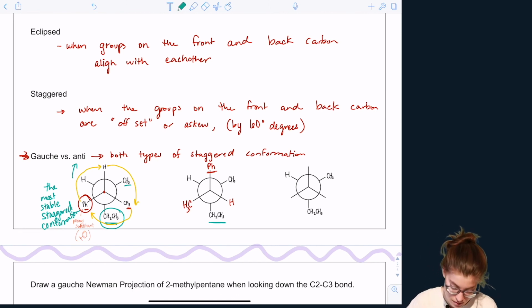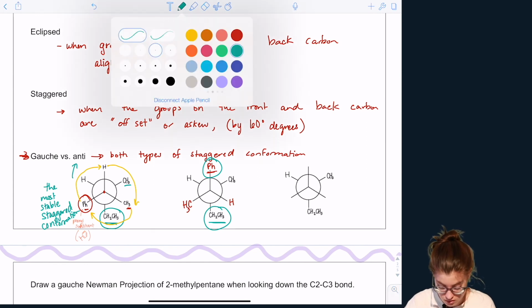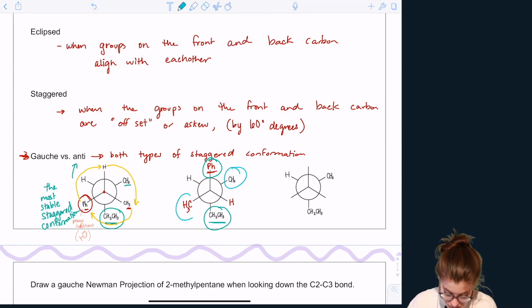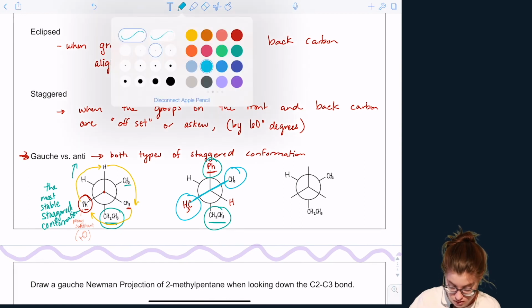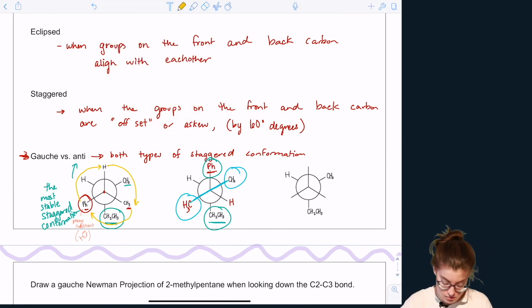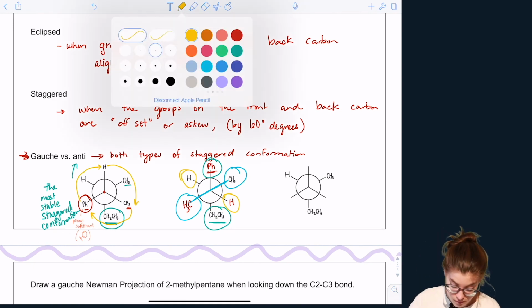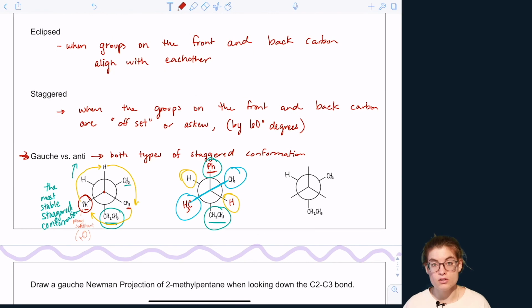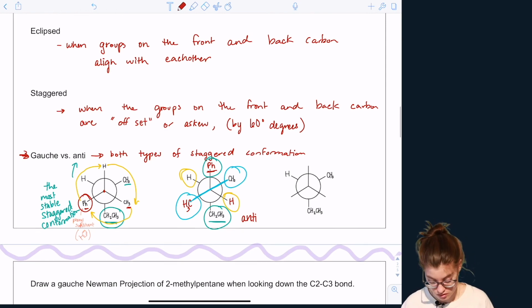What I mean is here, these are the biggest, and they're 180 degrees from each other. Then we have the medium-sized groups, and they're 180 degrees from each other, or as far away as possible. And then we have our smallest groups on the front and back carbon, and they are also as far away as possible. So this is the most stable conformation of this entire molecule, and so we call it anti. We call it anti because this is when the large groups are completely opposite from each other.